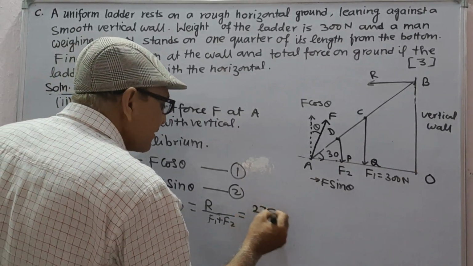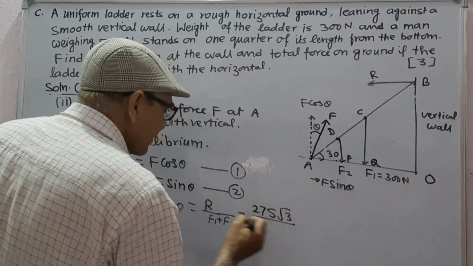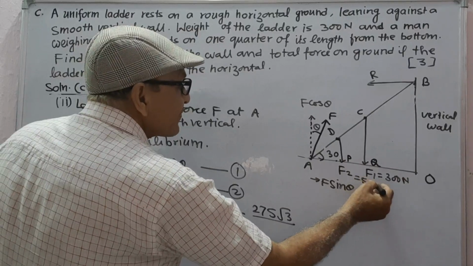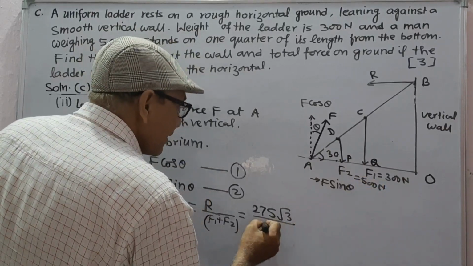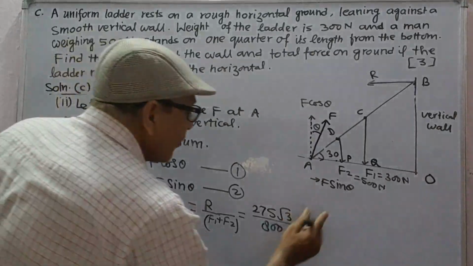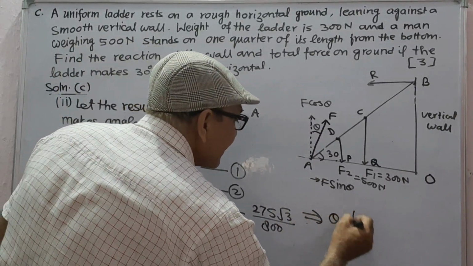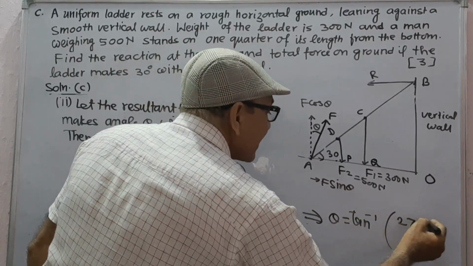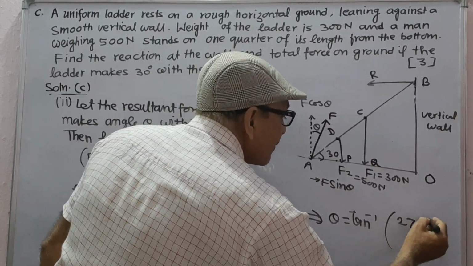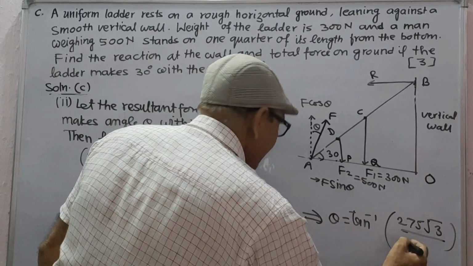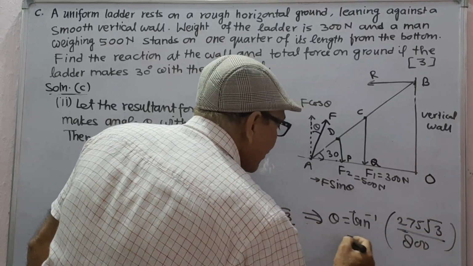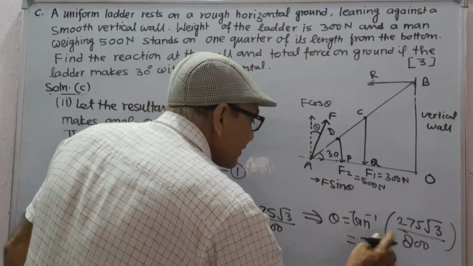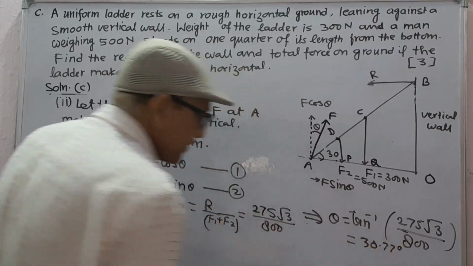This is 275 root 3 upon F1 plus F2, which is 300 plus 500, 800, which gives theta as tan inverse of 275 root 3 divided by 800, which is 30.77 degree.